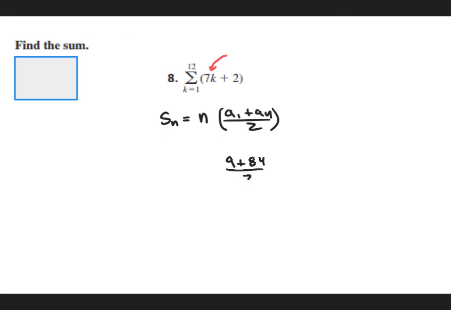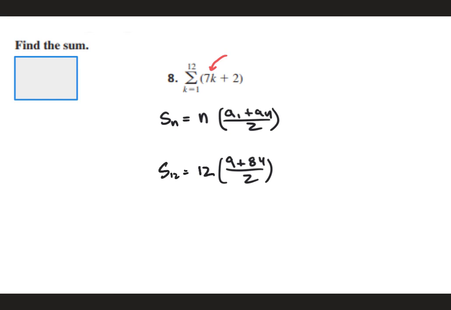84 divided by 2. And then we got to figure out how many terms there are in this series. Now, once again, sometimes it's easier, sometimes it's harder, but we can just kind of count on our fingers. We can go 1, 2, 3, 4, 5, 6, 7, 8, 9, 10, 11. There are 12 numbers from 1 to 12. So we could say 12, and then we can just plug that into a calculator. So right now we're finding S12.